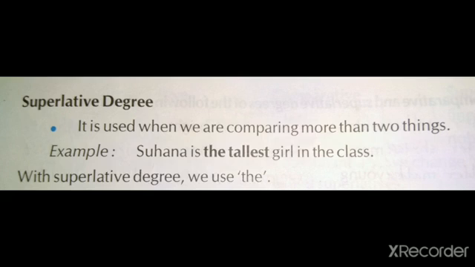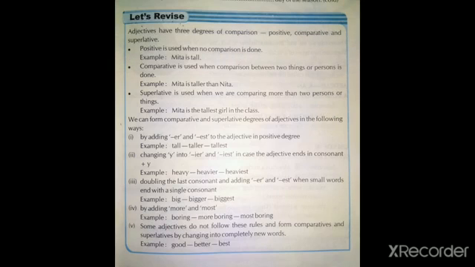And then we are going to revise the most important points. Let's revise important points. Adjectives have three degrees of comparison: positive, comparative, and superlative. Positive is used when no comparison is done.